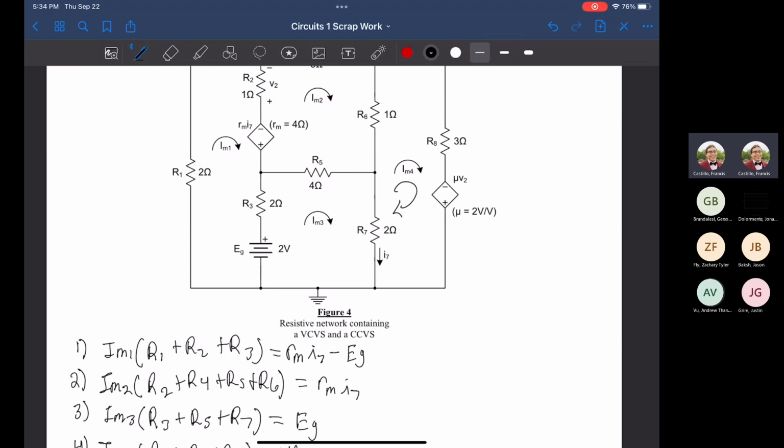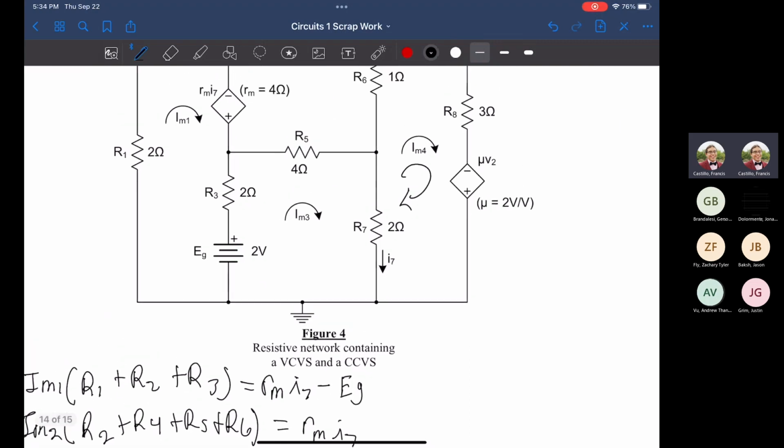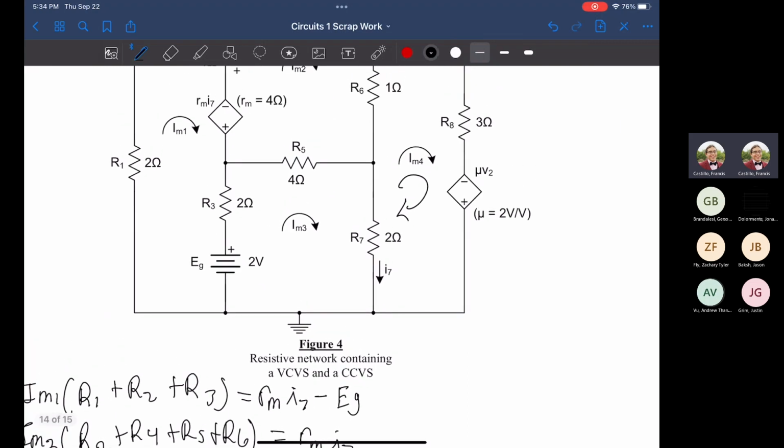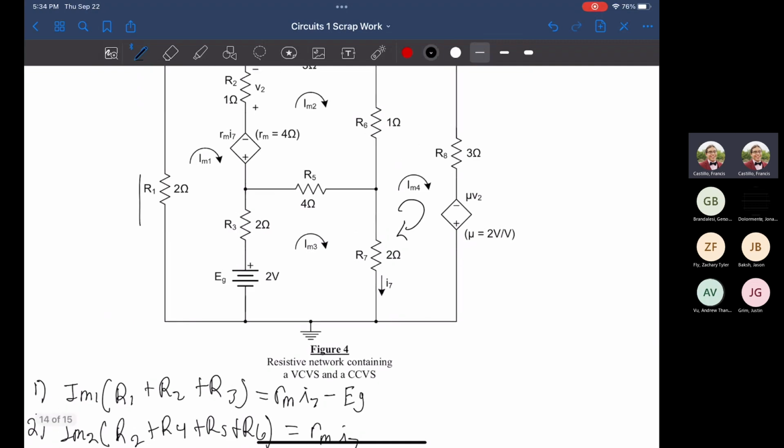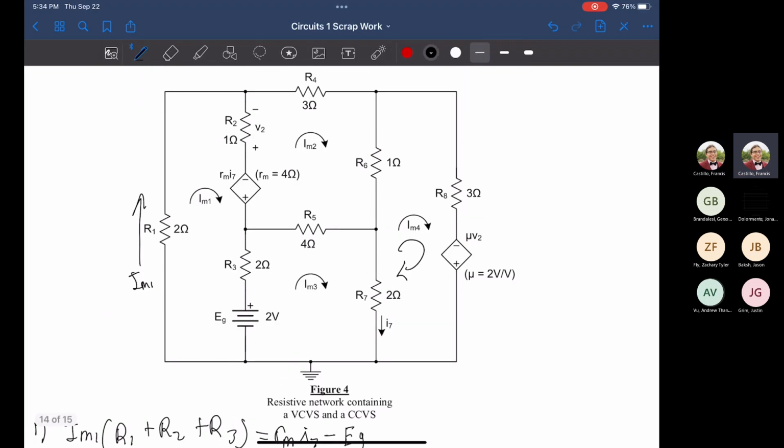Now, to elaborate a little bit more, the reason why I subtracted EG from RM I7, so the dependent source in mesh 1, is because it didn't follow the current flow. So what I mean when I say that is whenever we draw our current traveling through the circuit, our dependent source had proper orientation where current was flowing into the negative side and coming out of the positive.